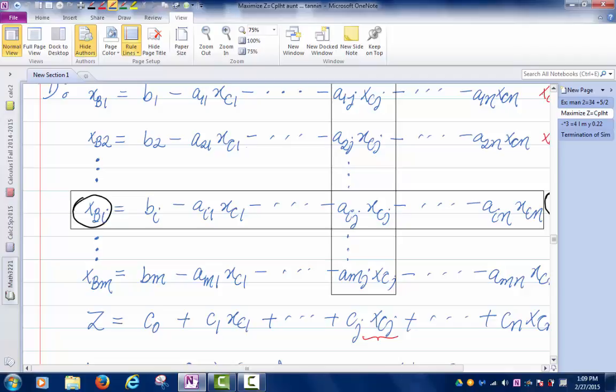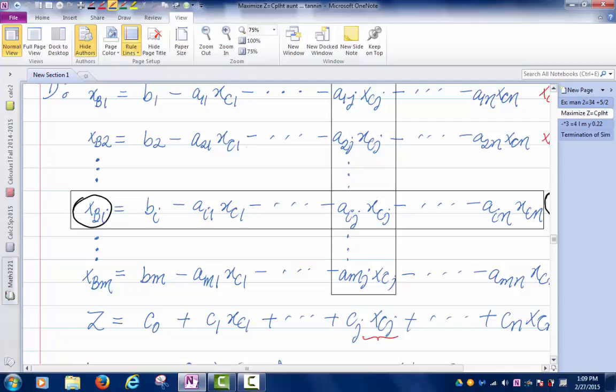So each dictionary depends on the choice of the basis. Once you choose a basis, the dictionary is determined by that basis. Am I making sense? So the question is, how many different possible bases are there?